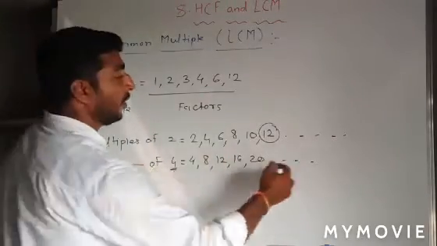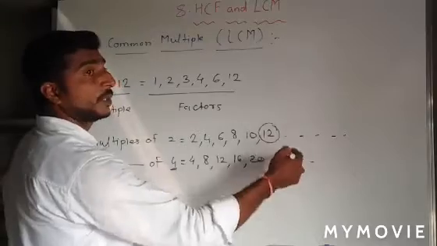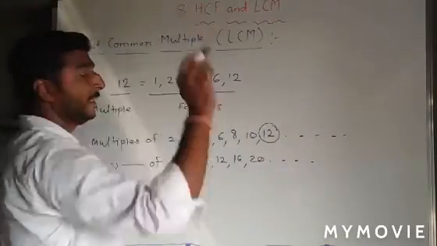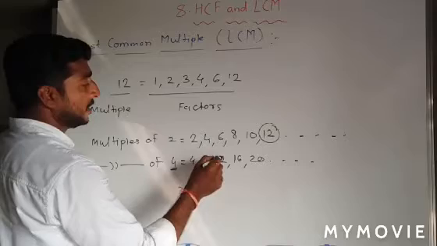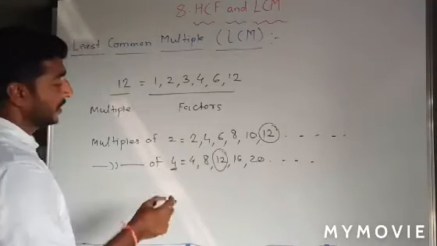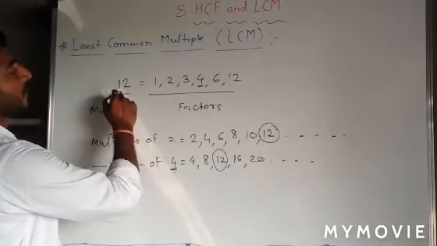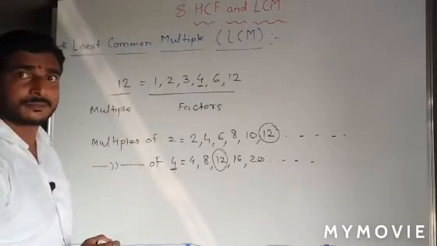So here you can go on: 24, 28, 32, 36 and up to 400 and any infinite number. Here again you can see there is a 12, which is a multiple of 4. 4 is a factor of 12 and 12 is a multiple of 4.